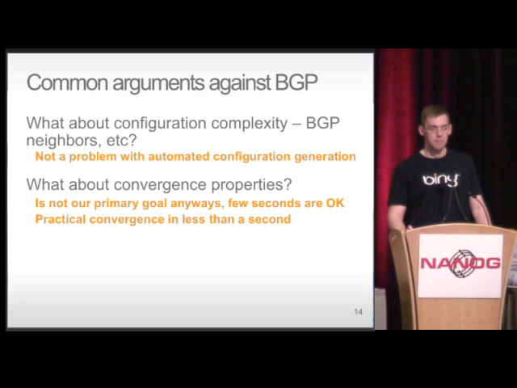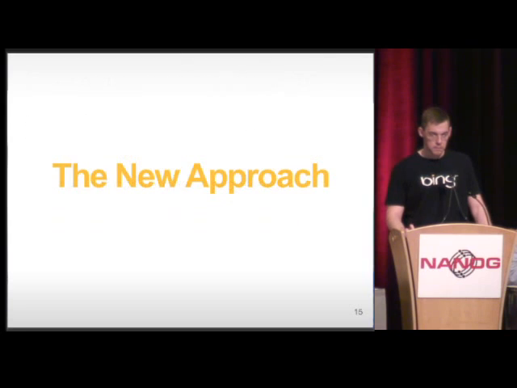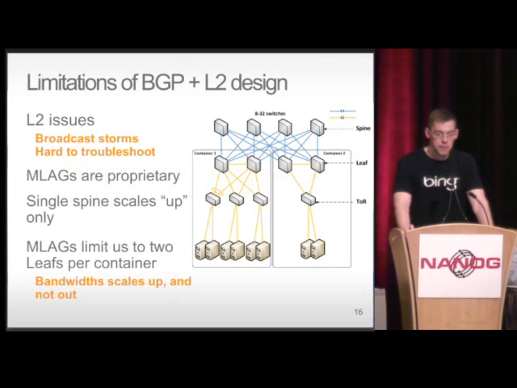And even if it takes, say, 5 to 6 seconds, our environment can tolerate this issue with no problems. So there have been some problems with this old approach. First of all, as you can see, we still had layer 2 in the container.